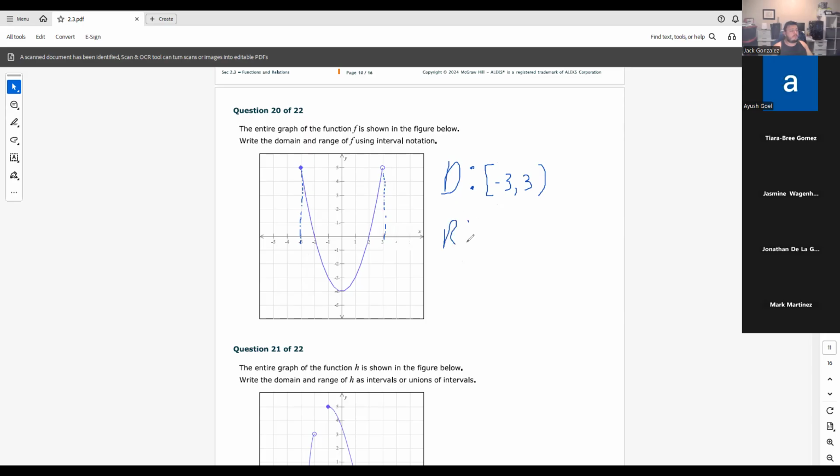Any questions on how we found domain? Okay, range, what's the lowest value on this graph? Yeah, on the y-axis, it looks like bracket on -4. What's the highest value?